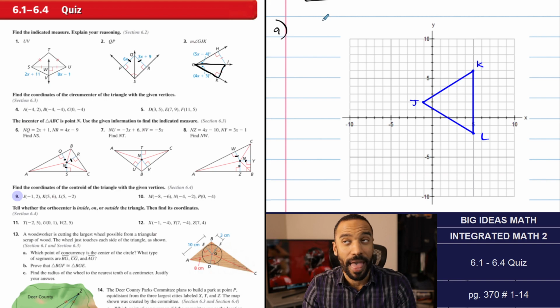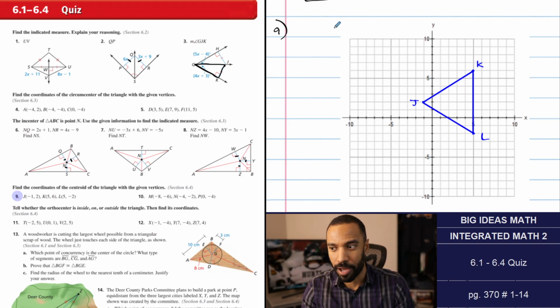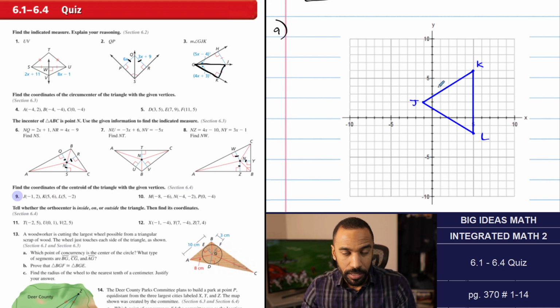Remember, 2 will do. Actually, 1 could do, and I'll show you how, but I'll confirm it with more medians. A median is a segment from a vertex to the midpoint of the segment opposite that vertex.